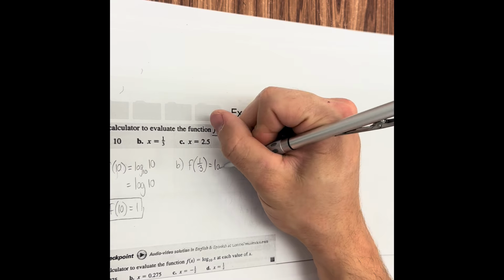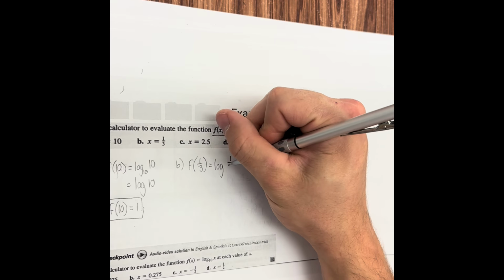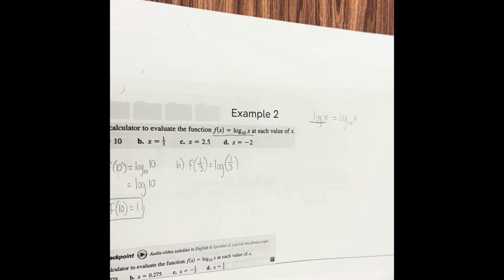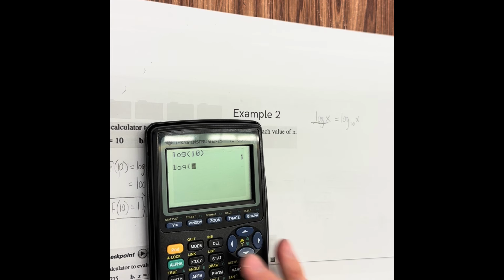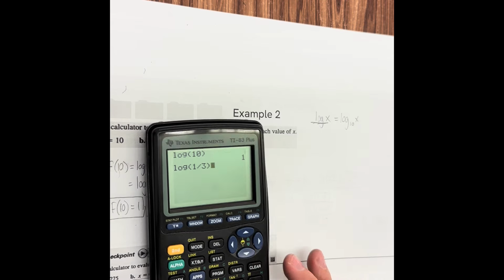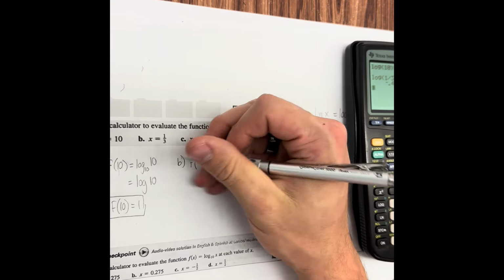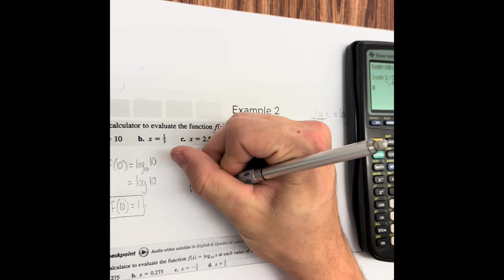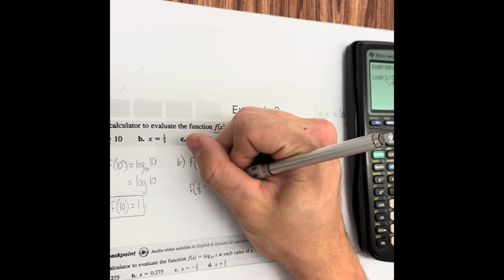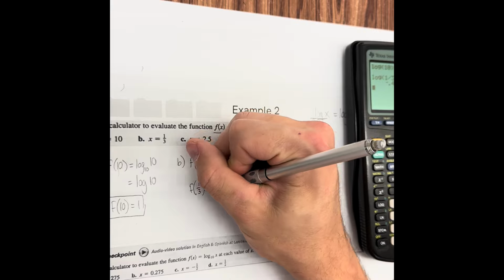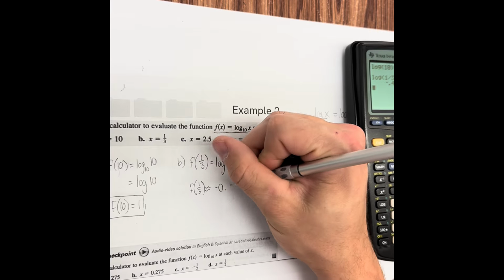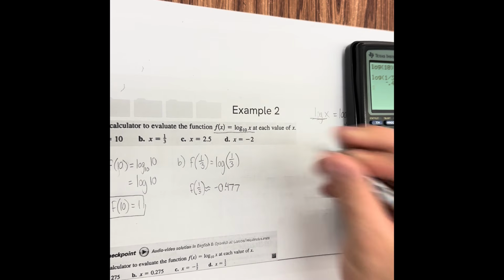So log, and I'm just going to write it as log of 1/3. I'm not going to write that log base 10 again. Log 1/3 is negative 0.477.